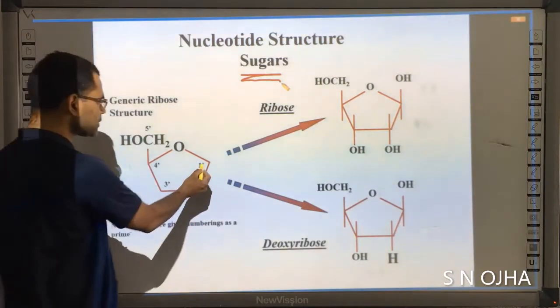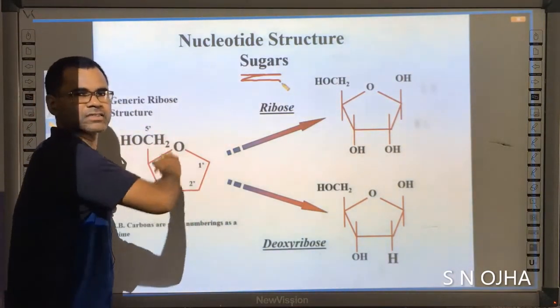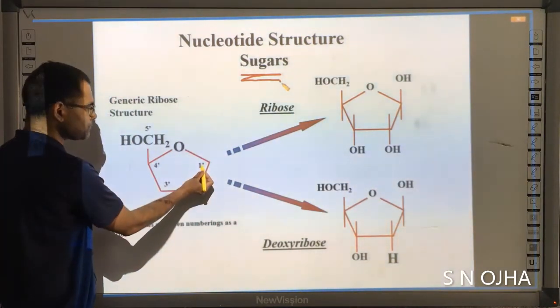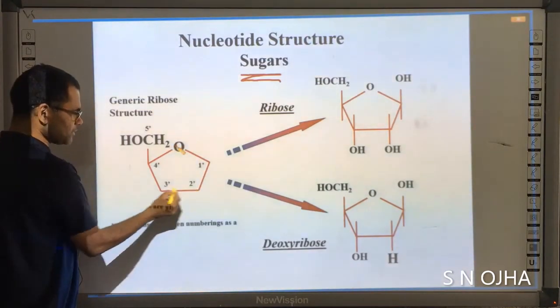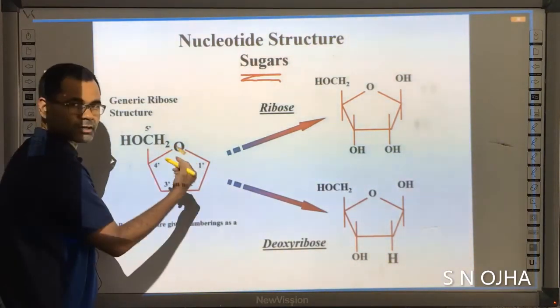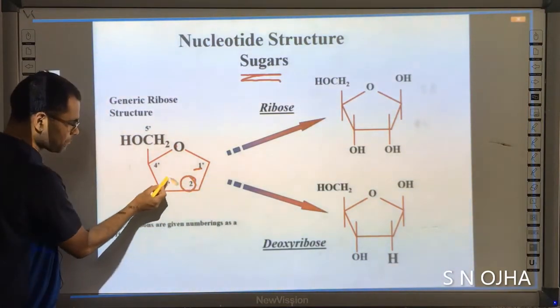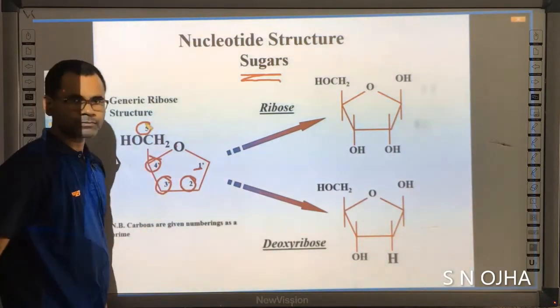These 5 carbons are numbered in a cyclic way, clockwise. For example, this is the oxygen and these are the carbons. They are numbered 1 prime, 2 prime, 3 prime, 4 prime and 5 prime.